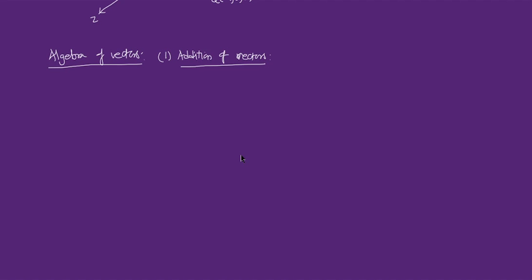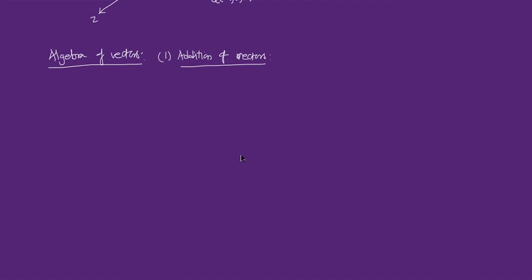Now there are three different ways in which vectors can be added. Okay, so I will write here: three different ways that we can add vectors. The first one is called the triangle law of addition of vectors.